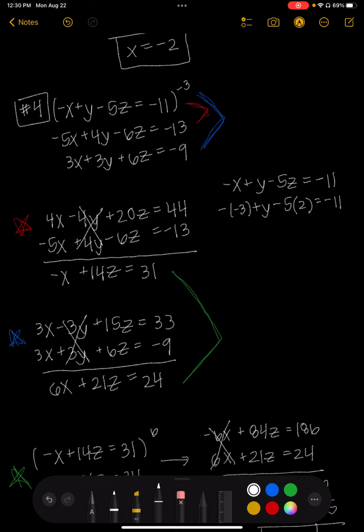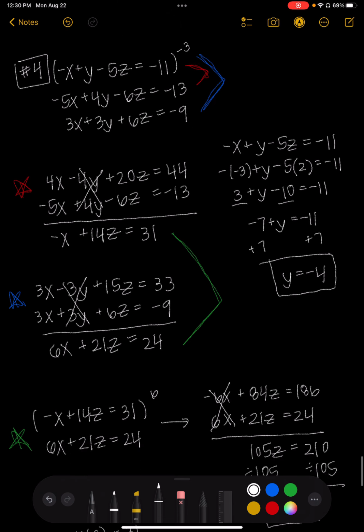And then the two negatives cancel each other out to make positive 3 plus y minus 10 equals negative 11. We're going to combine like terms, the 3 and negative 10, so I get negative 7 plus y equals negative 11. To get the y by itself, I would add 7 to both sides, and I end up with y is equal to negative 4.